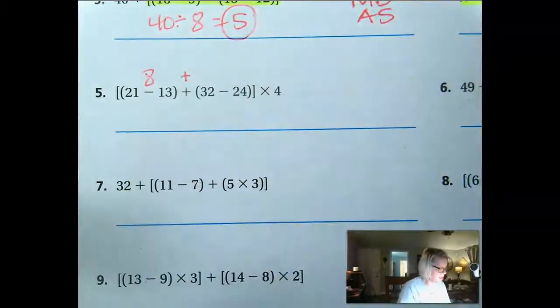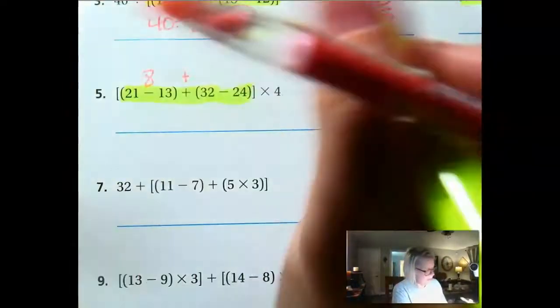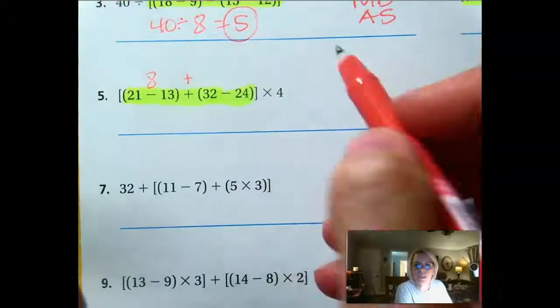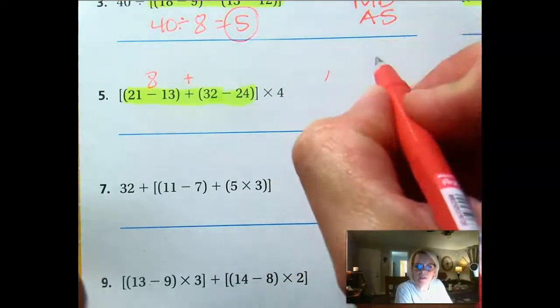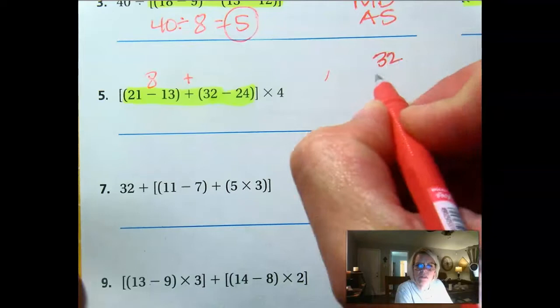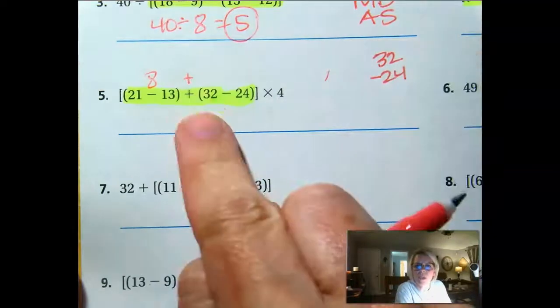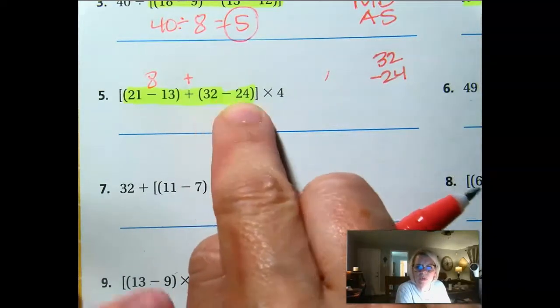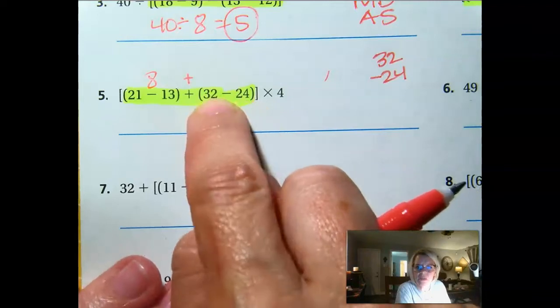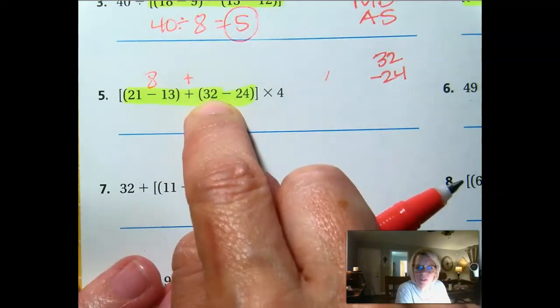And then what is this? 32 minus 24. And remember, guys, you don't have to do mental math on this. You really don't. You could go ahead and stack it up if you weren't sure. 32 minus 24. Well, we know that 34 minus 24 would be 10. So this is 2 short of 34. So we know it's going to be 8.